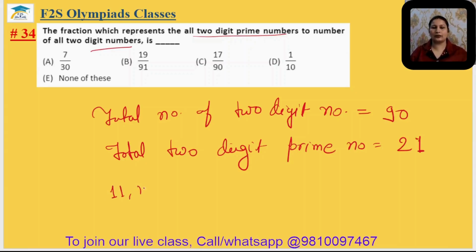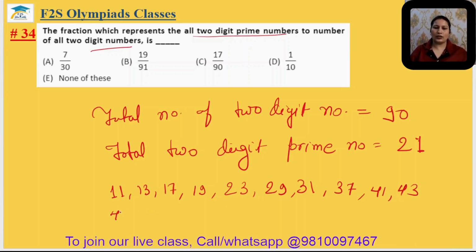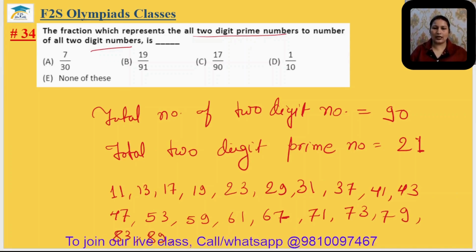They are 11, 13, 17, 19, 23, 29, 31, 37, 41, 43, 47, 53, 59, 61, 67, 71, 73, 79, 83, 89, 97.